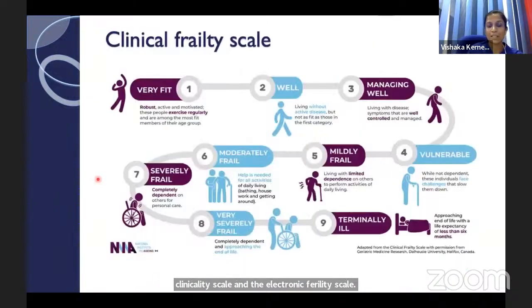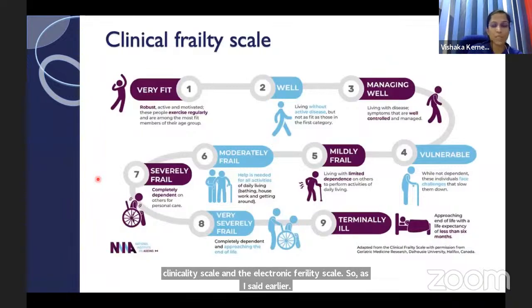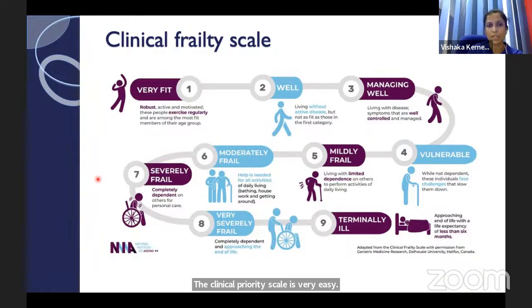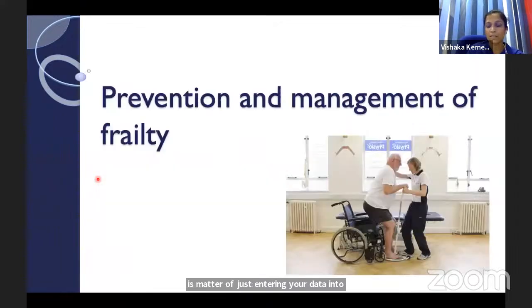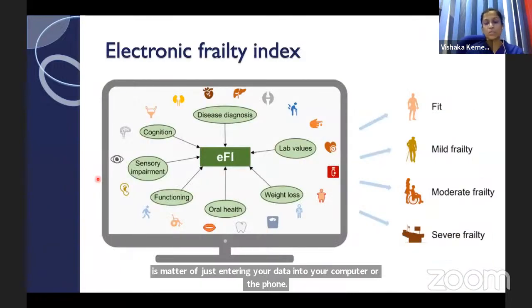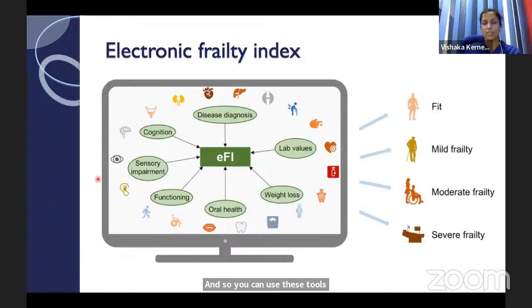As I said earlier, the clinical frailty scale is very easy, and you have 9 components. The electronic frailty scale is a matter of just entering your data into your computer or the phone. So you can use these tools most likely because this is recommended, and also you have a lot of data on these 2 scores, and it is very easy to use.